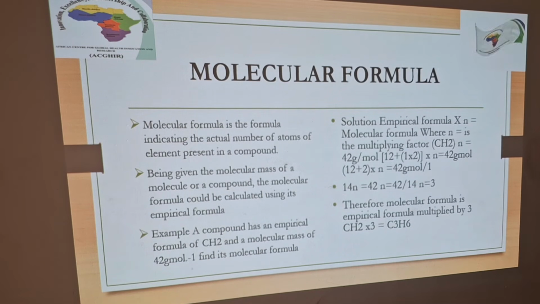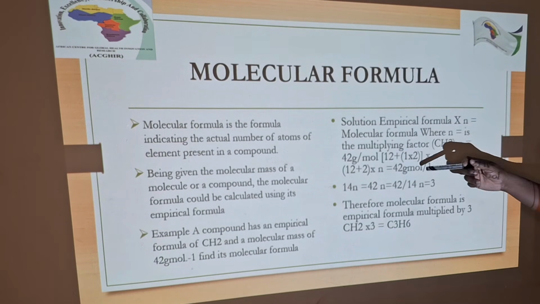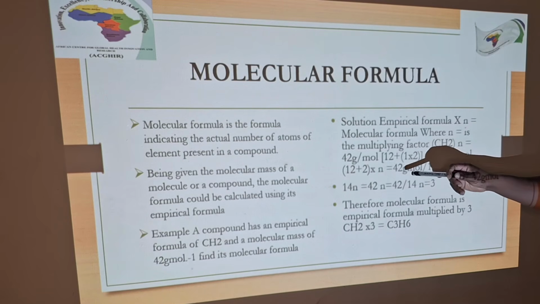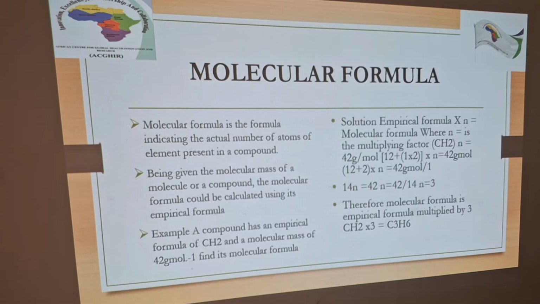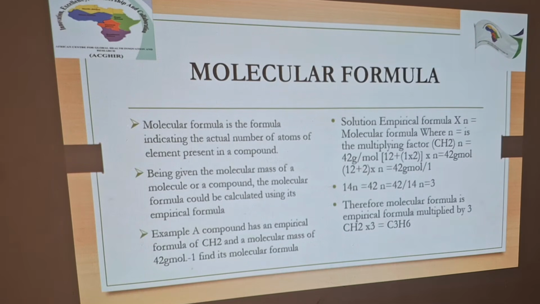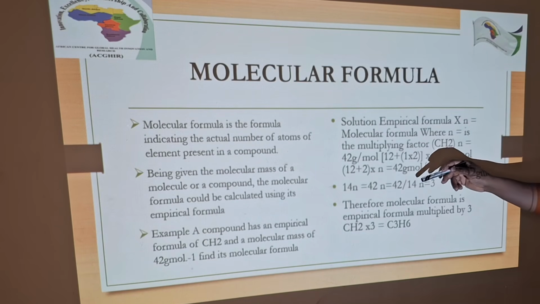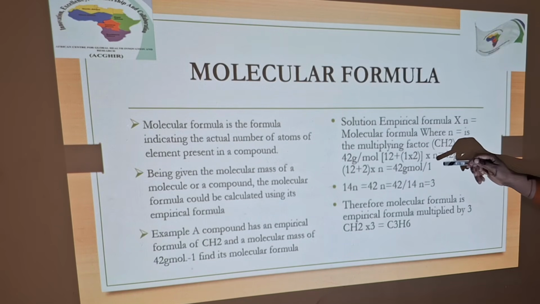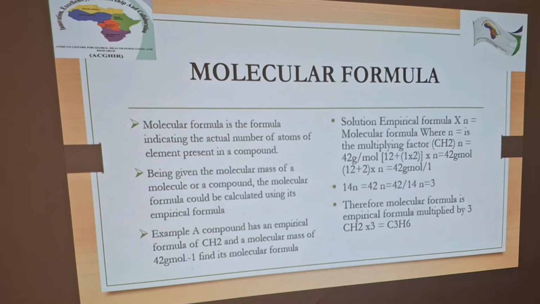Therefore, the molecular mass of this empirical unit is 12 plus 2, which is 14. Therefore, we are going to say 42 grams divided by the Mr, which is 14, is going to give us n, the multiplying factor.